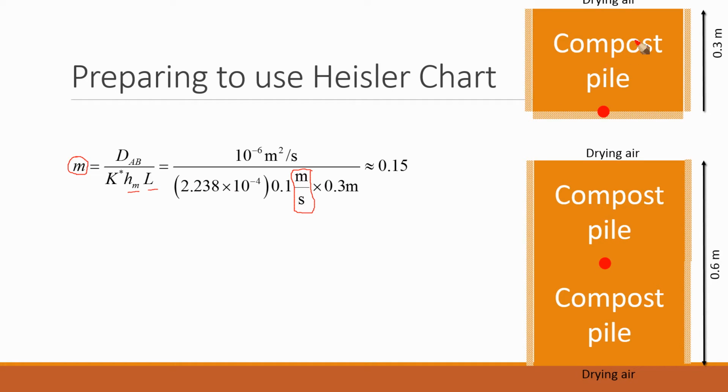Now finally we have to choose the L, the length. Now note that when we did the problem in class, it corresponded to a boundary condition of drying air, not on one side, but on both sides. But here, the drying air is only on one side, and the bottom is impermeable. Note that the problem that we did in class, which is drying air for both sides of a pile, for that the center line here is impermeable.